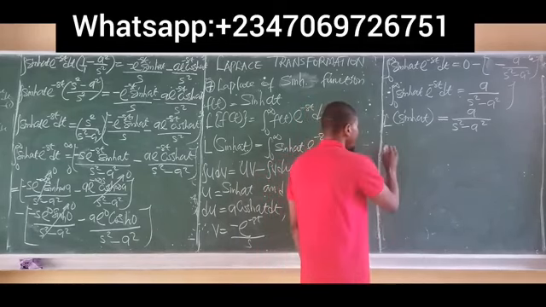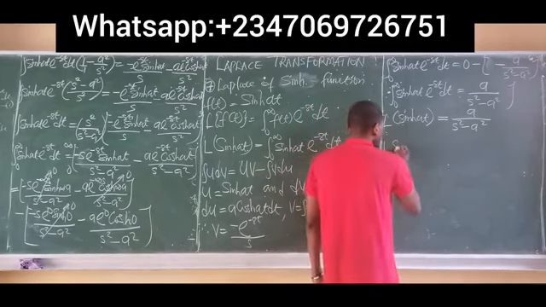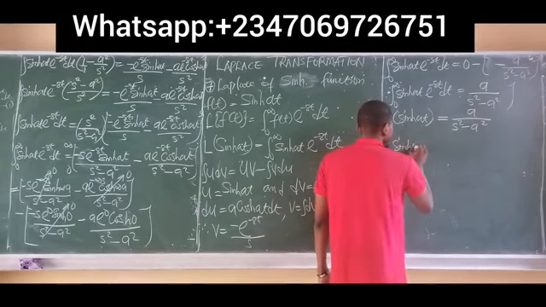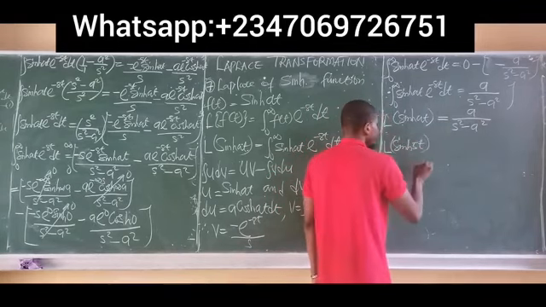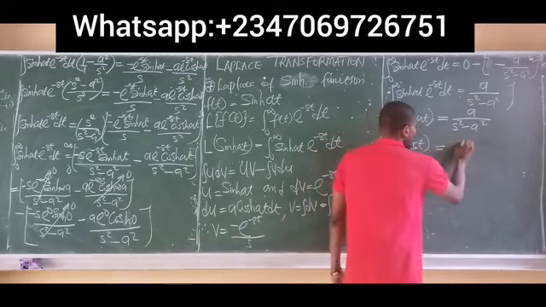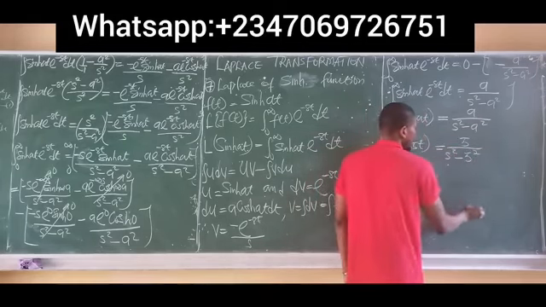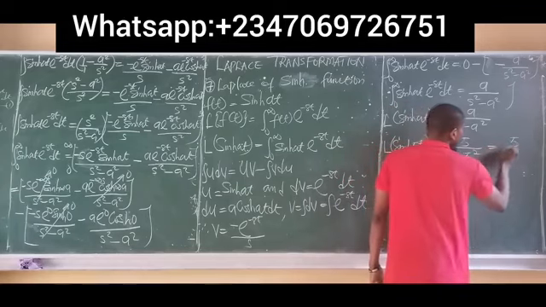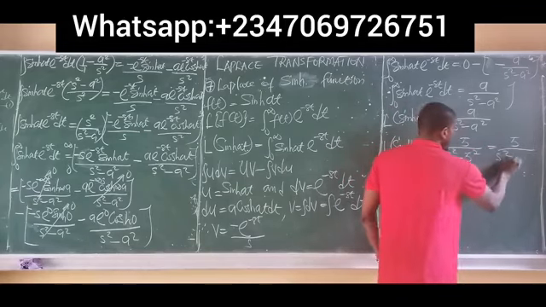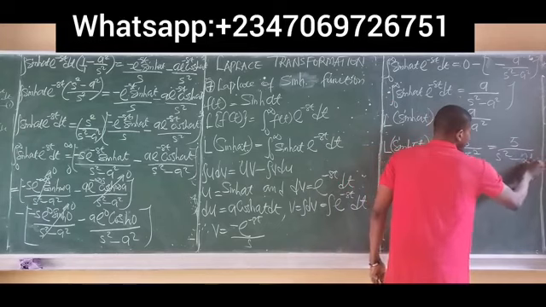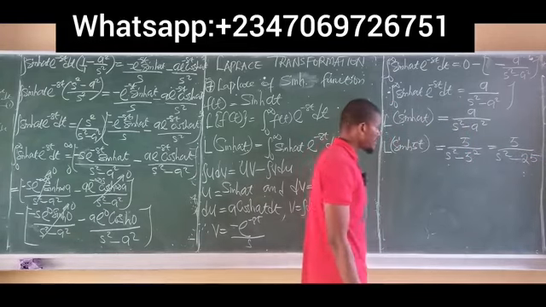Now, let's say you're asked to find the Laplace of sinh 5t. The Laplace of sinh 5t becomes automatically 5 all over s squared minus 5 all squared, and 5 squared gives you 25. You simply have this.